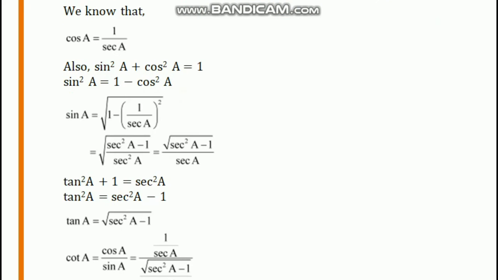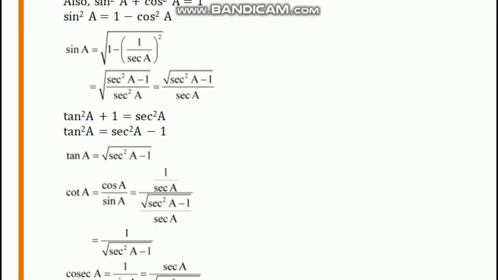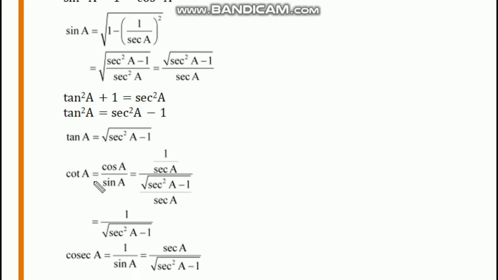Next we need to find cot. So cot, we already know, we can take as cos by sine. Or one more option is 1 by tan. So cos by sine: cos A is 1 by secant A divided by sin A, which we already found as square root of secant square A minus 1 divided by secant A. Then secant A and secant A will be cancelled.